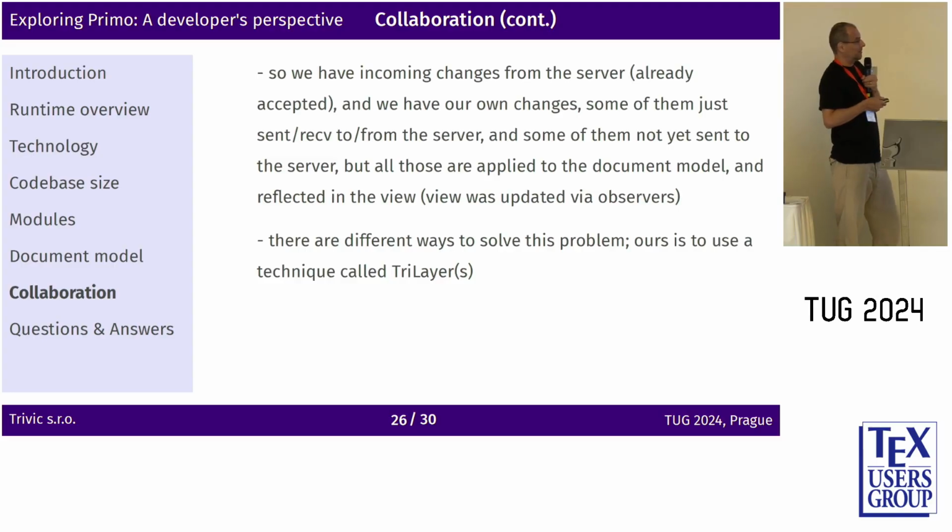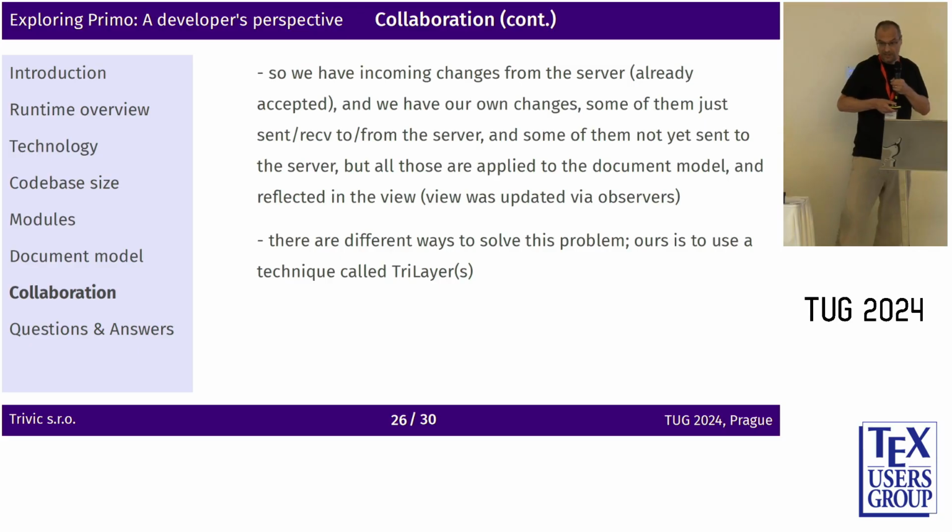So here is the recapitulation: we have these incoming changes from the server, the accepted changes. Then we have our own changes, some of them just sent and received from the server, also accepted. And then we have the changes which we have just done, but not yet sent to the server. But they are already applied to the document model and already reflected in the view.